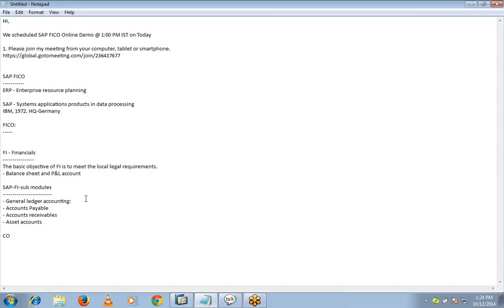That is what general ledger talks about. And you will also get the balance sheet and profit and loss account, right? Those two statements are heavily dependent on general ledger accounting, because with the general ledger accounts only you will be able to prepare the balance sheet and profit and loss account. Is that clear? Yeah.